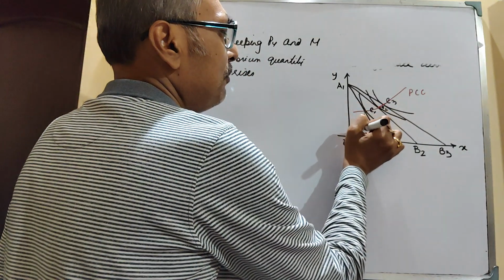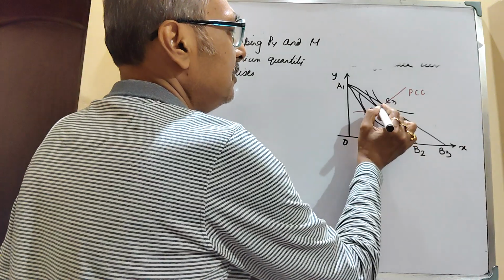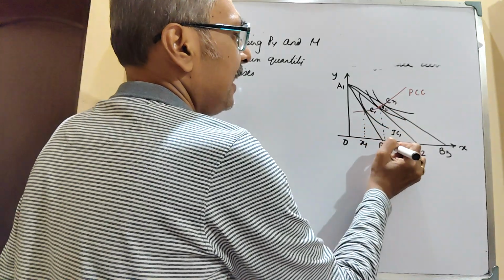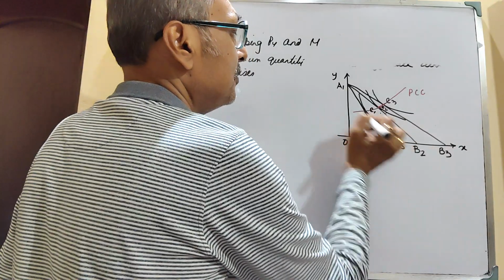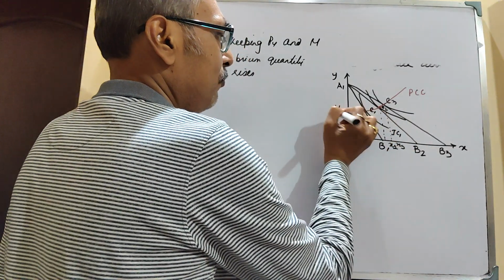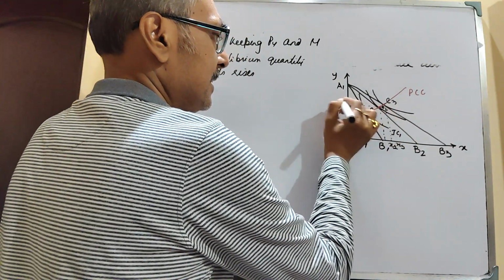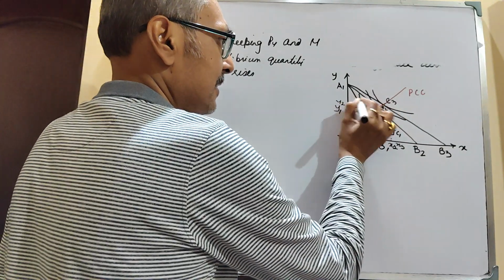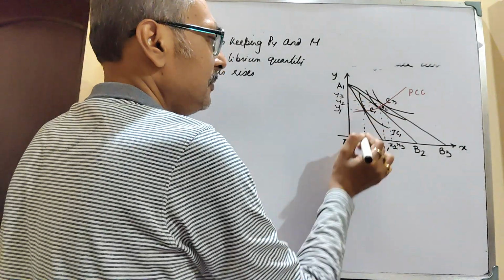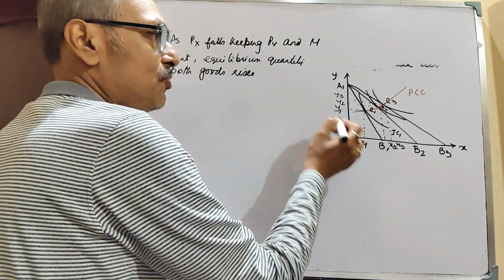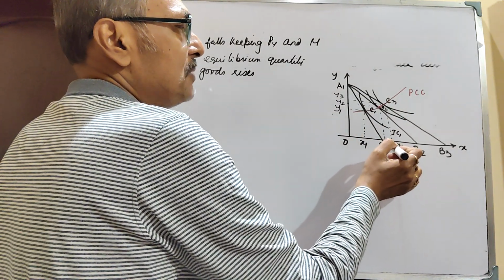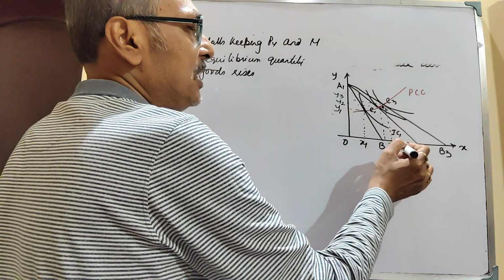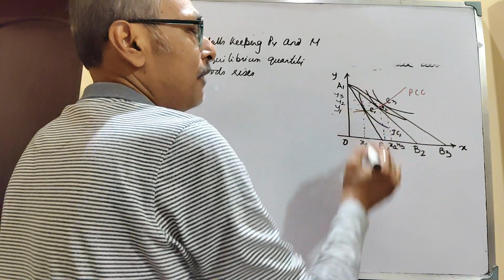From here I am dropping, this is x1, this is x2, and this is x3. This is y1, this is y2, and this is y3. The initial combination is x1, y1, then the combination becomes x2, y2, then the combination becomes x3, y3.